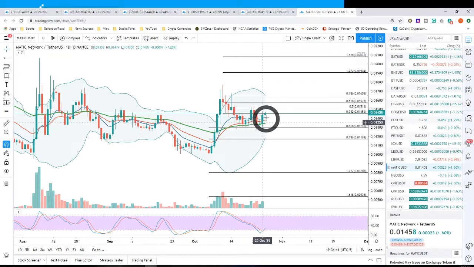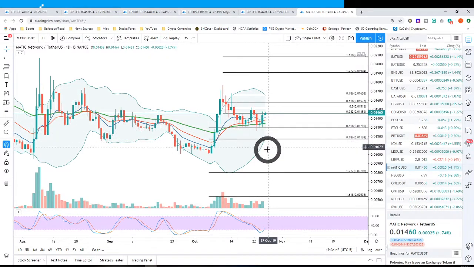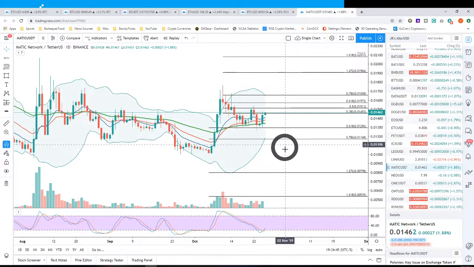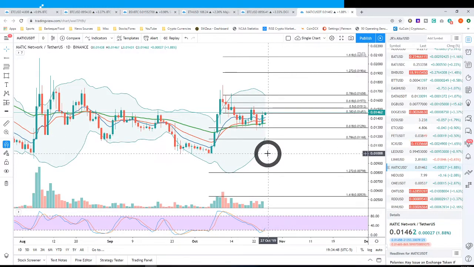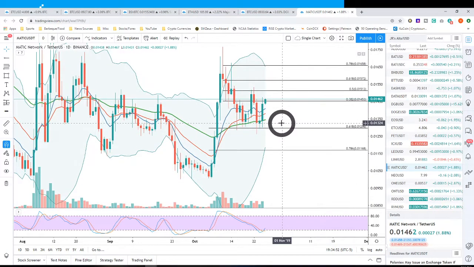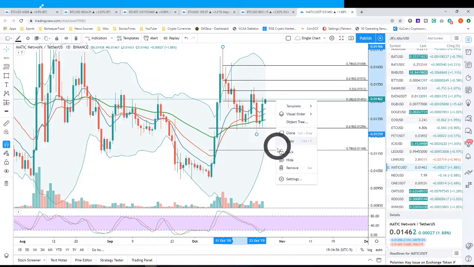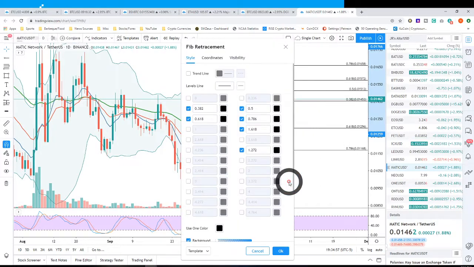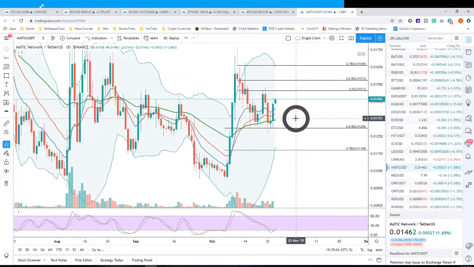It's going to take a massive drop to turn these moving averages back down. But what do I want to see? I want to see it break the 38.2, which it looks like it is now, so I take out the 38.2.